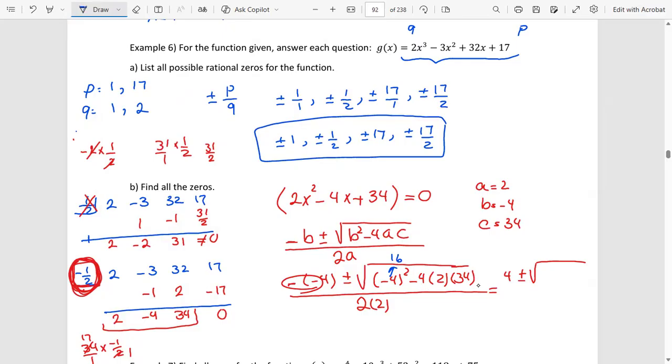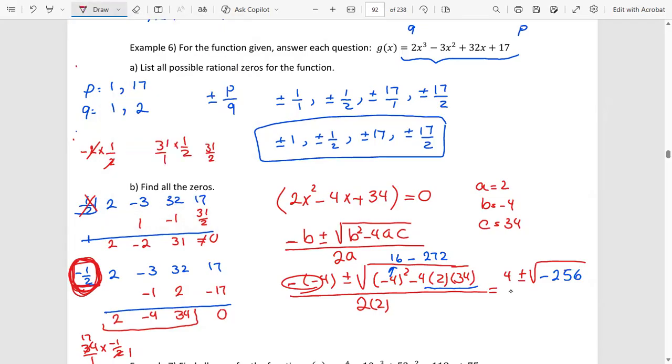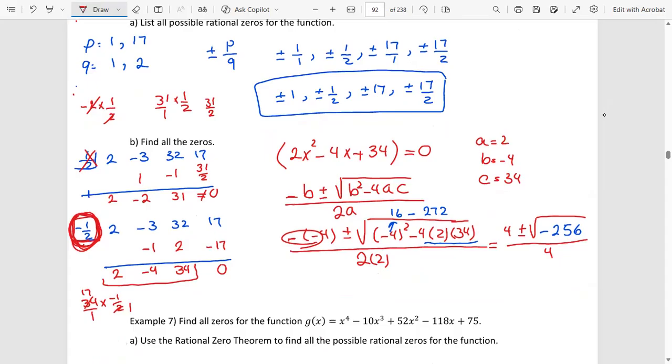I need to multiply these three numbers. 4 times 2 is 8, and 8 times 34 is 272, and 16 minus 272 is negative 256. And you can easily see that when under the radical we have a negative number, that means the answers are imaginary or complex numbers.